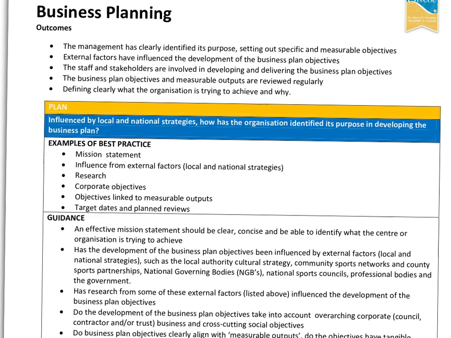As you can see here, I have picked out the main business planning document for Quest, Purpose 1. This can be found on Moodle.